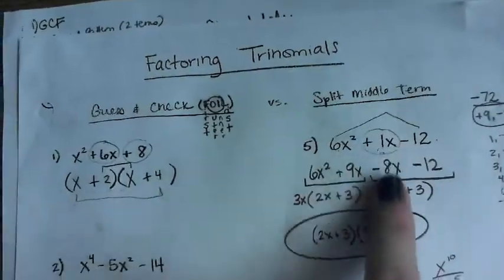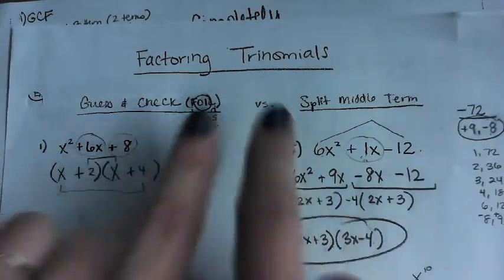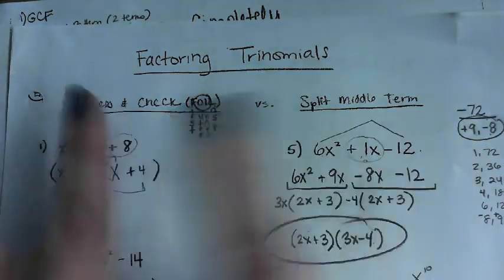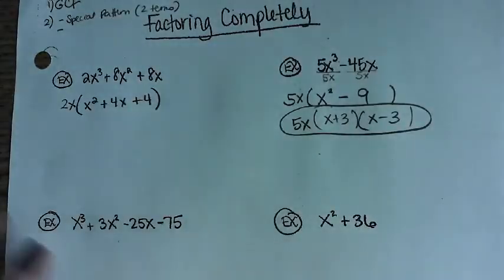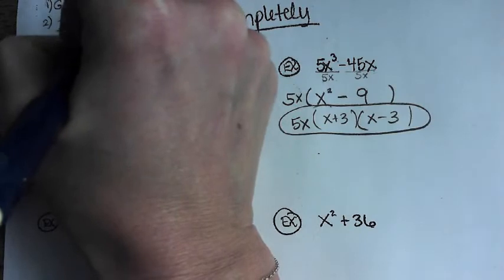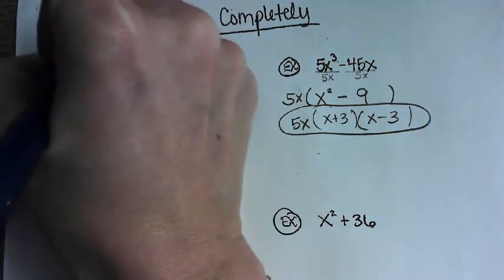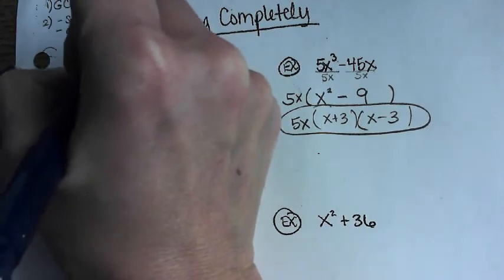Or splitting the middle term. Sorry, I was trying to do my best to cover that up. So when you get down to 3 terms, we go back to one of these. Now, obviously, if you're good at guessing and checking and you know your factors well, that's great. Do it that way. Otherwise, split the middle. So for this one, we can guess and check, or split the middle. And that's if there are 3 terms.